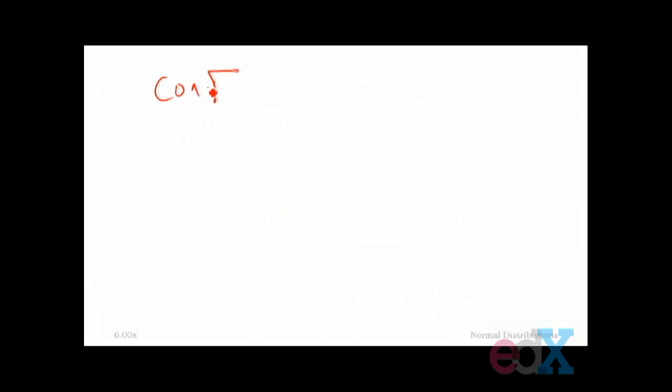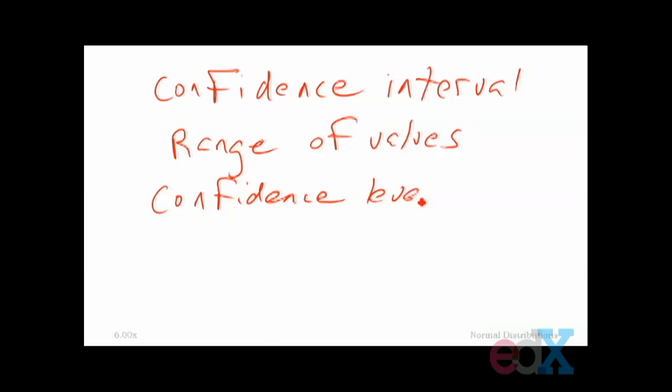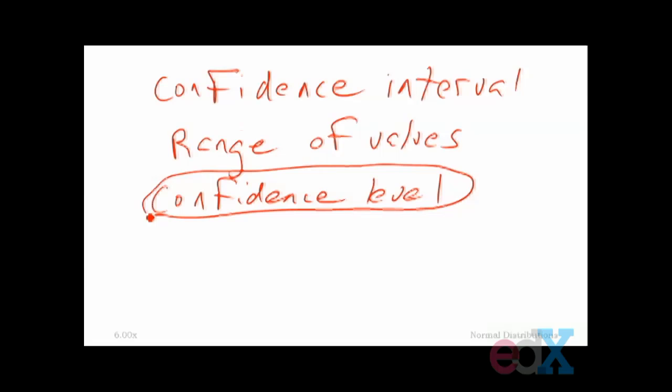For normal distributions, the standard deviation can be used to produce something called a confidence interval. The basic idea is instead of estimating an unknown parameter by a single value, for example, the mean of a set of trials, a confidence interval provides a range of values that is likely to contain the unknown value and a confidence level that speaks to the question of how certain we are that the unknown lies within the range or the interval.